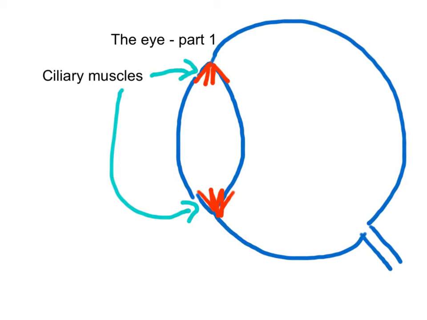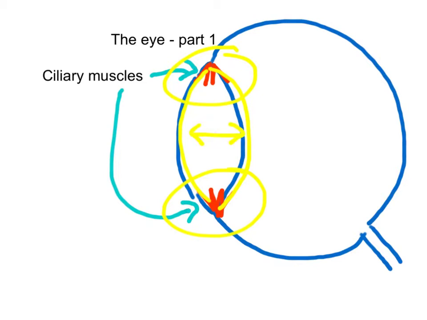And so that's why older people especially find it harder to focus on things close to their face, because of those ciliary muscles just getting older, and the lens of the eye getting less and less able to be crunched down to the thickness it needs to focus on something close by.